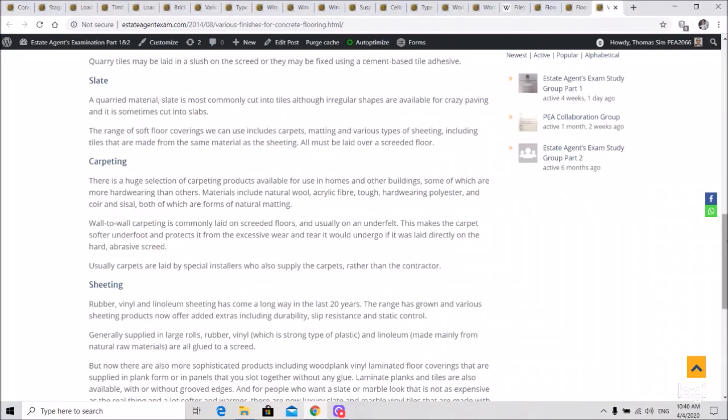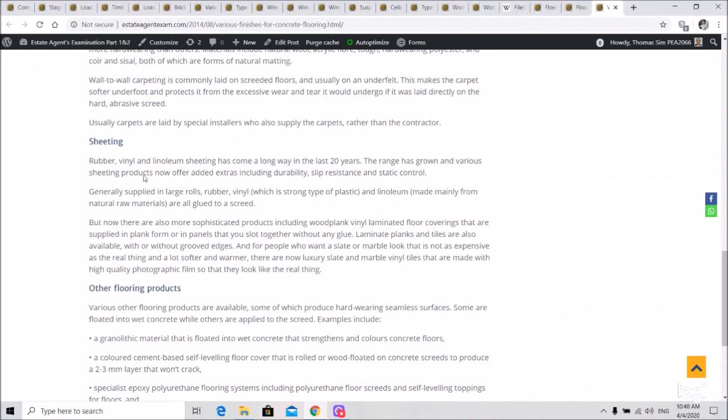Why do you use sheets? Sometimes they use this type of rubber or vinyl because these are seamless. That means there are no edges. You cover the whole piece onto the ground, and there is no end. Then the whole thing seals up to the wall.